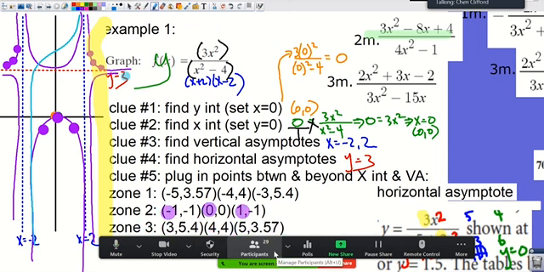And then again, you don't need to go back to second window table set and do the independent ask dependent auto because we already did that the first time around. Go straight to second graph table and plug in -1, 0, 1, and it'll spit out these y coordinates. You plot those points and you get again the idea of the location and shape of the graph in zone 2. And that's basically it.